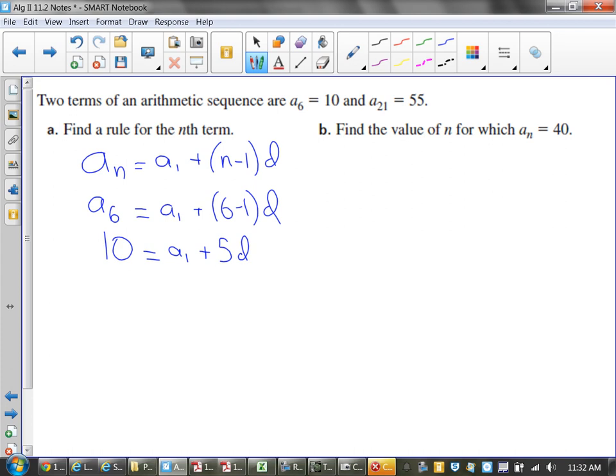Okay with that? I'm going to do the exact same setup with the 21st term. So the 21st term is, again, the first term plus 21 minus 1 times the difference. So 55.